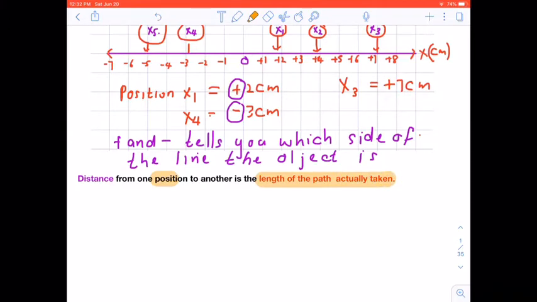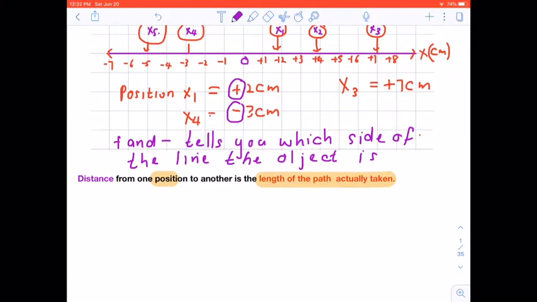Let's assume that this object that's moving is at position x1, x2, and x3, and let's just assume that it's a straight line distance between the respective positions.